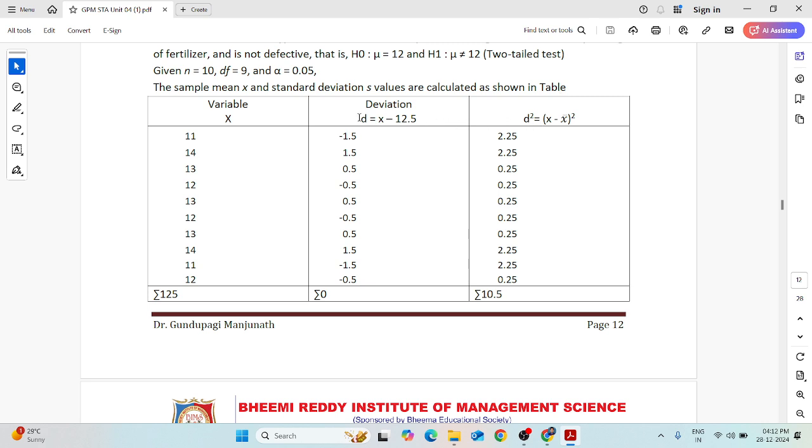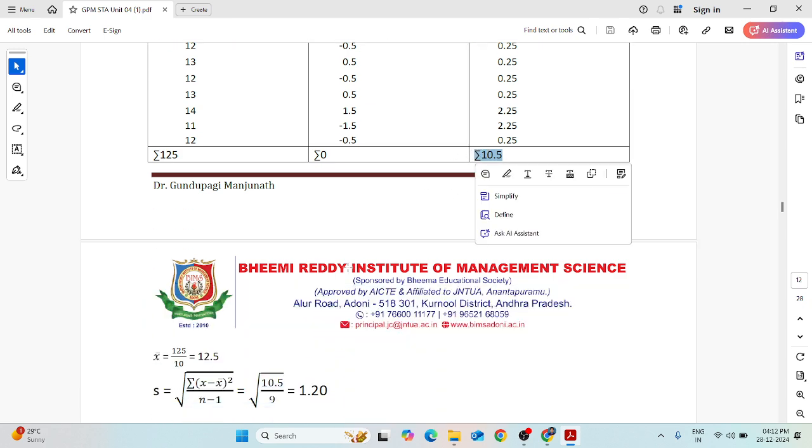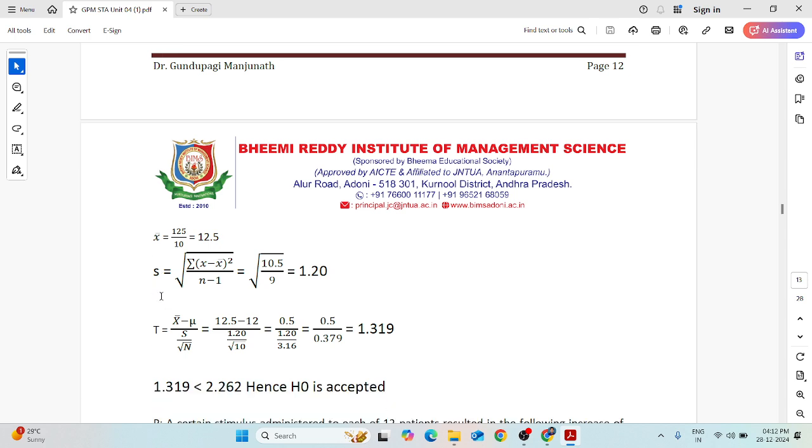D square is nothing but the deviation square. So I am squaring the values I got here, minus 1.5 into minus 1.5, so I have 2.25. The summation of this column will be 10.5. So here the t statistic is x mean minus mu. X mean, how much did we get? 12.5, and the population mean is 12.